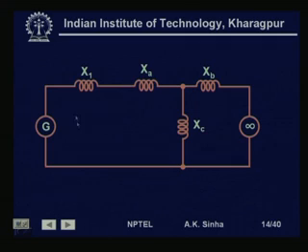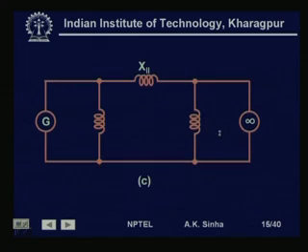Now, again this looks like a star, and this star can be converted into another delta using star delta transformation, and then we will get this as x 2, and this is an impedance here, this is another impedance here. Since these two impedances are across the voltage sources, they do not have any effect on the power transfer which takes place between this and this.